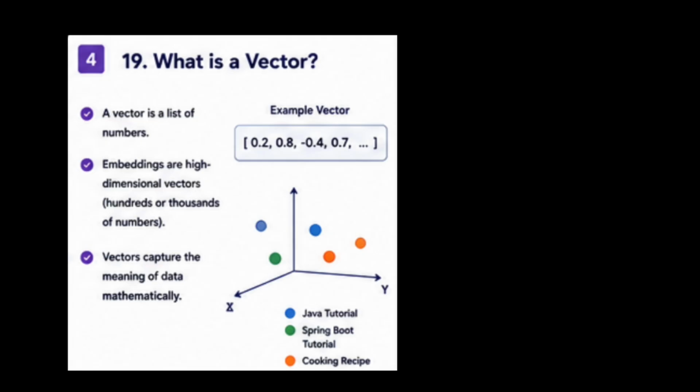We don't manually decide what each number means. The embedding model learns these representations during training. The important thing is that similar data points tend to have similar vector representations. For example, Java tutorial may be closer to Spring Boot tutorial than to cooking recipe because the first two are semantically related.